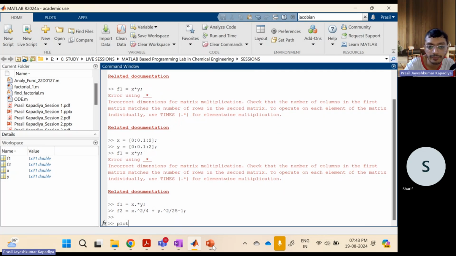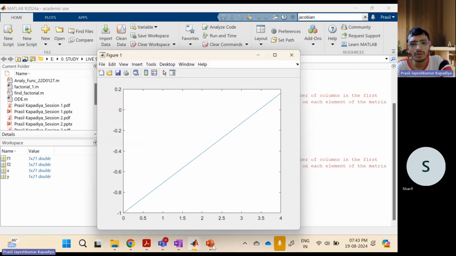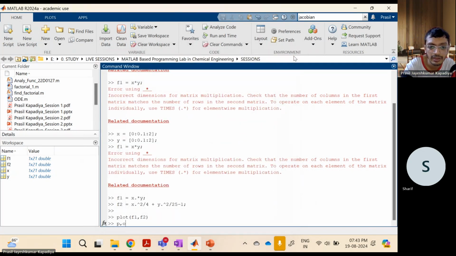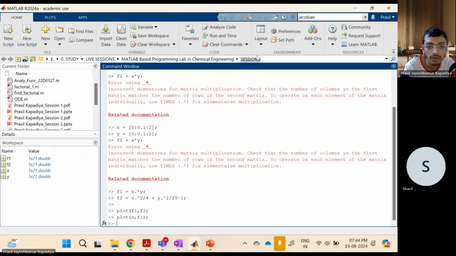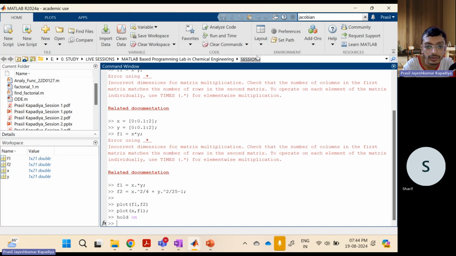Let's plot f1 comma f2. No, we should not plot f1 comma f2. We should plot first x axis, let's say x, y axis f1, hold on, and again with f2.